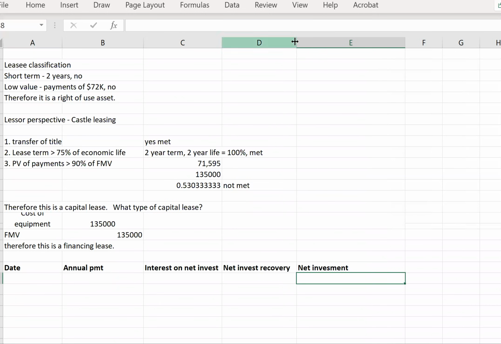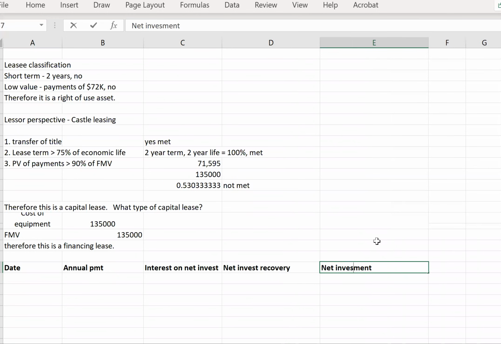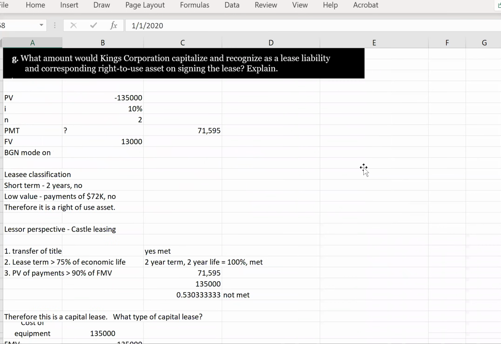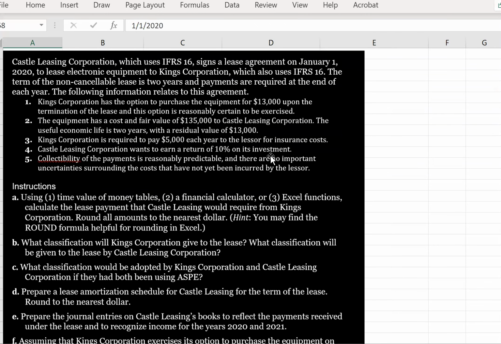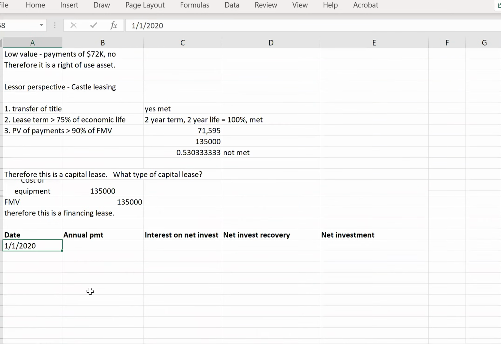Okay, so let's just fix these. Our dates here are going to be, this lease was signed on January 1st, 2020. So we're going to put that date in here twice, as we always do. And then we're going to have 12/31/2020 and 12/31/2021.